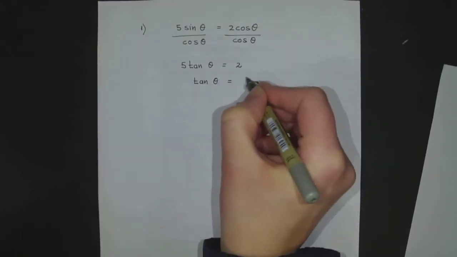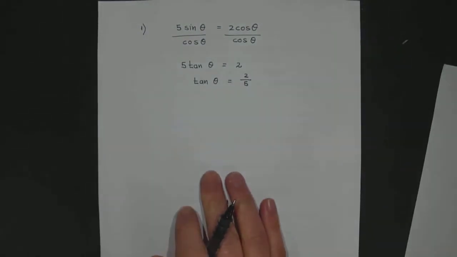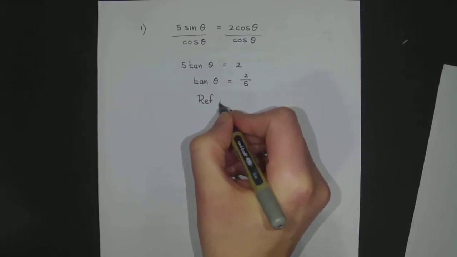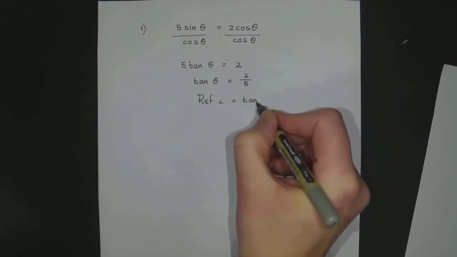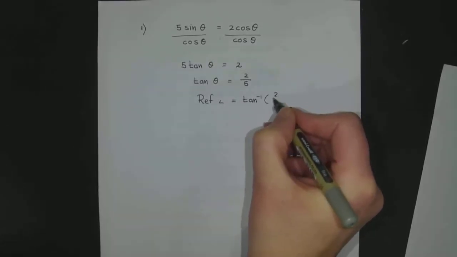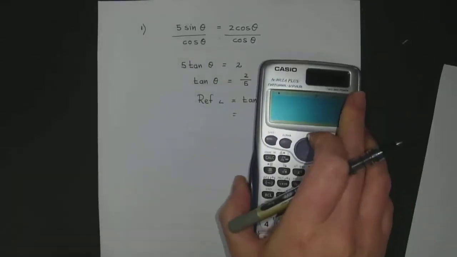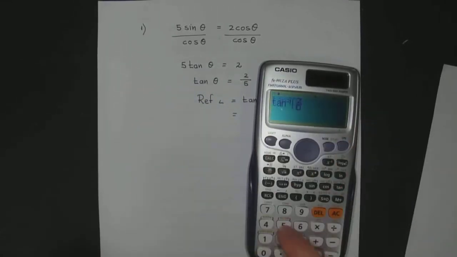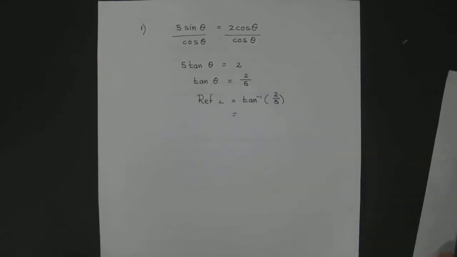Now, from here on, it's incredibly easy to finish because you can find your reference angle by putting that ratio 2 over 5 into the inverse tan. So that will give me my reference angle on my calculator. So I'll go shift, inverse tan of 2 over 5, and it gives me a reference angle of 21,8 degrees.